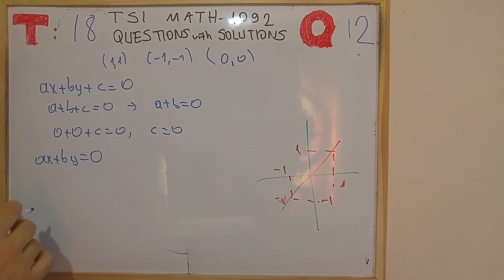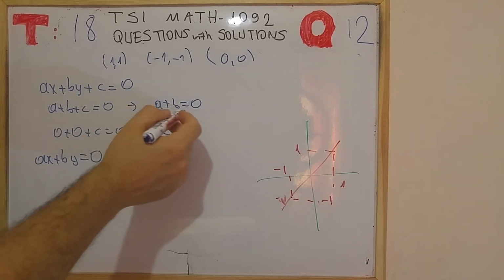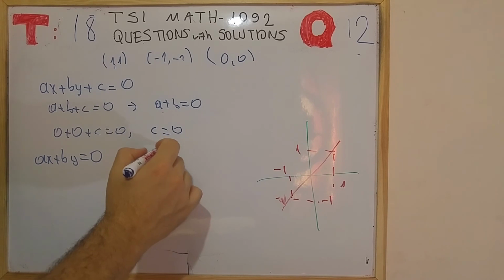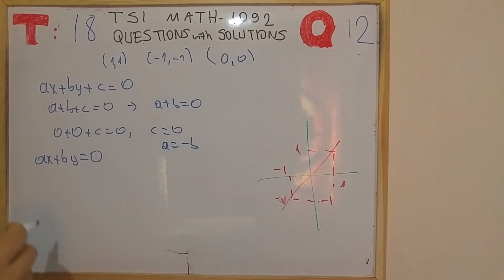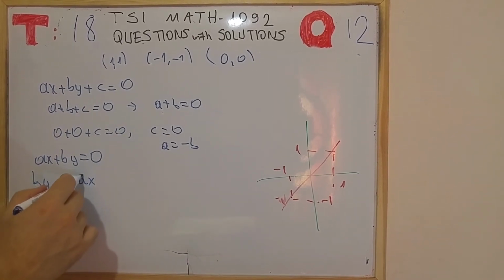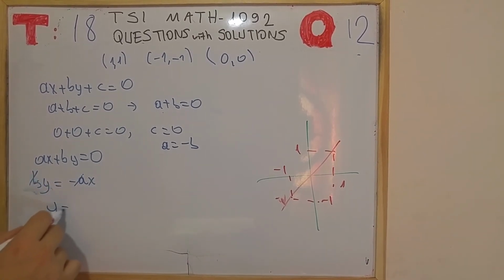So since these are equal to each other, this means that a is equal to minus b. So what I can say is that by is equal to minus ax. And since these are equal to each other, they just cancel each other out. What I have is y is equal to x.